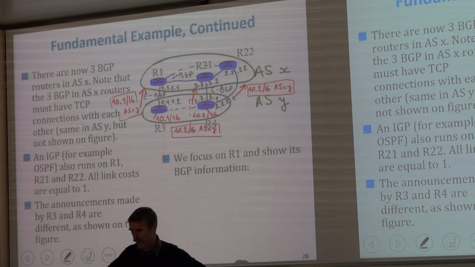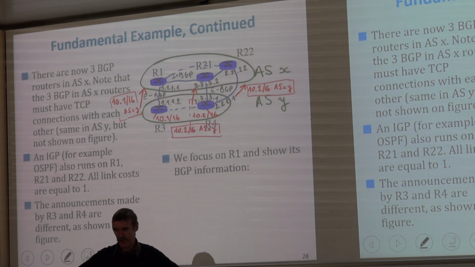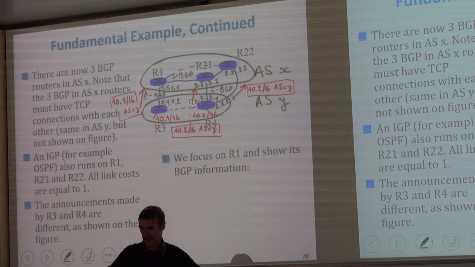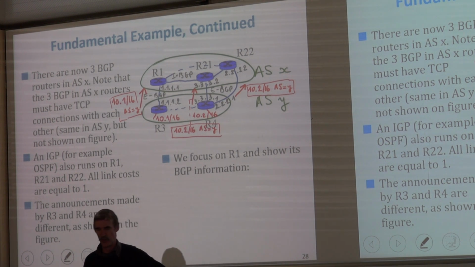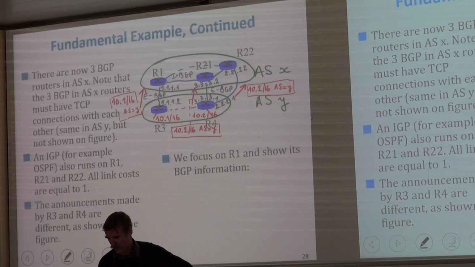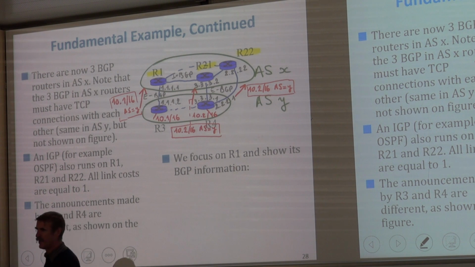Let's go to the third one, our slightly more complicated network. I've added a router into AS X. And there are two physical links, which are the plain lines in AS X. And a dotted line means peering. We zoom on AS X, and we see that those three routers are BGP peers because they're in the same domain, but they are not directly connected.